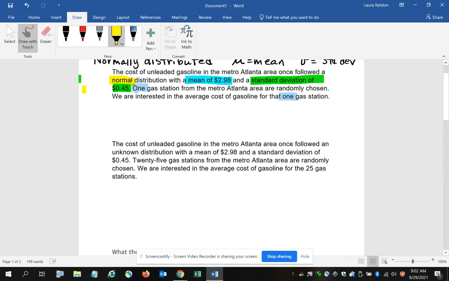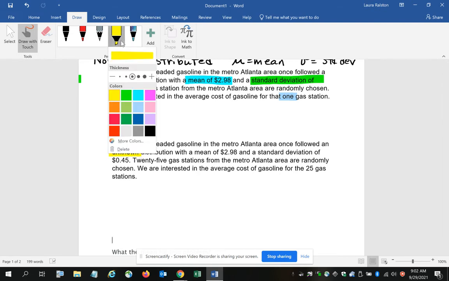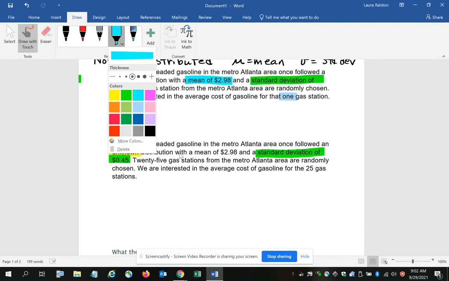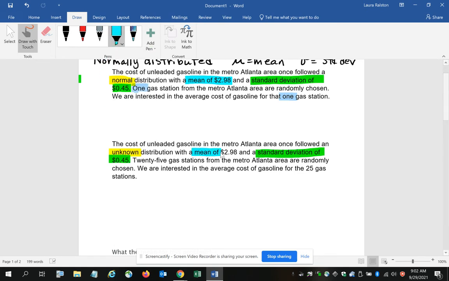We are interested in the average cost of gasoline for the 25 stations. So a couple of things are different. We start out knowing that this is an unknown distribution. It doesn't indicate to us that it is normal. It still gives us the standard deviation, and it still gives us the mean of the distribution.